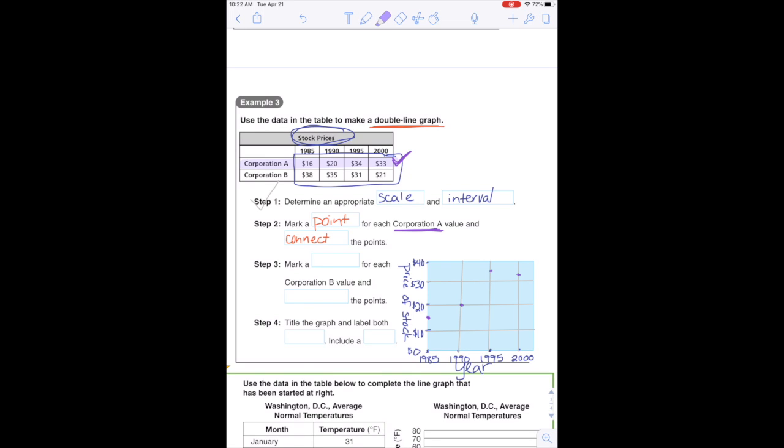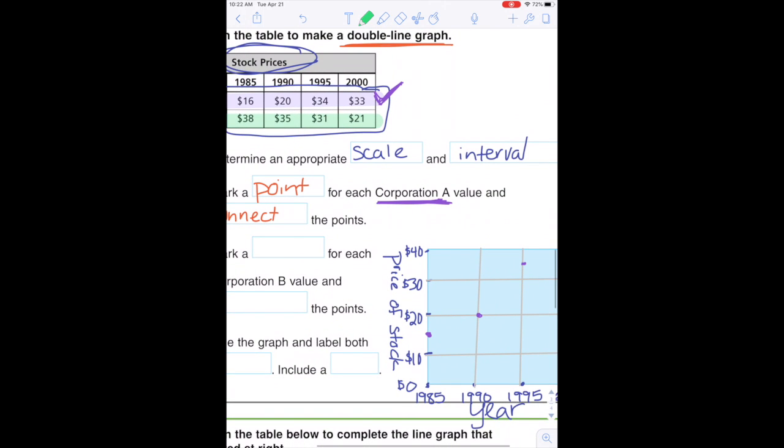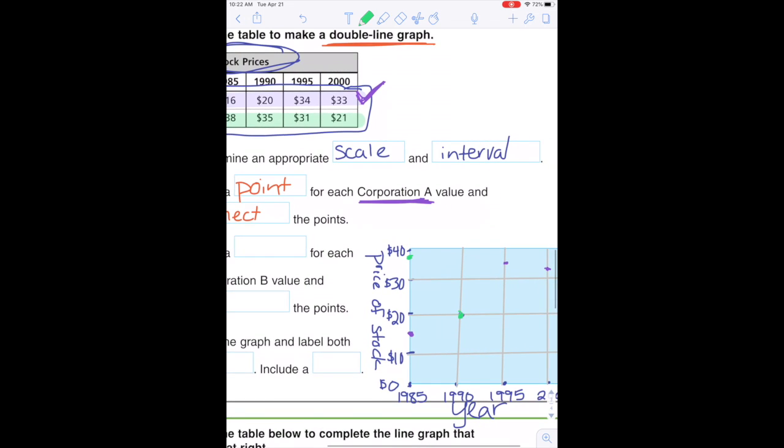Now let's look at corporation B. I'm going to switch to green for this one. So corporation B, in 1985, wow, they were at $38. That's way up there. 1990, they were at 20. 1995.